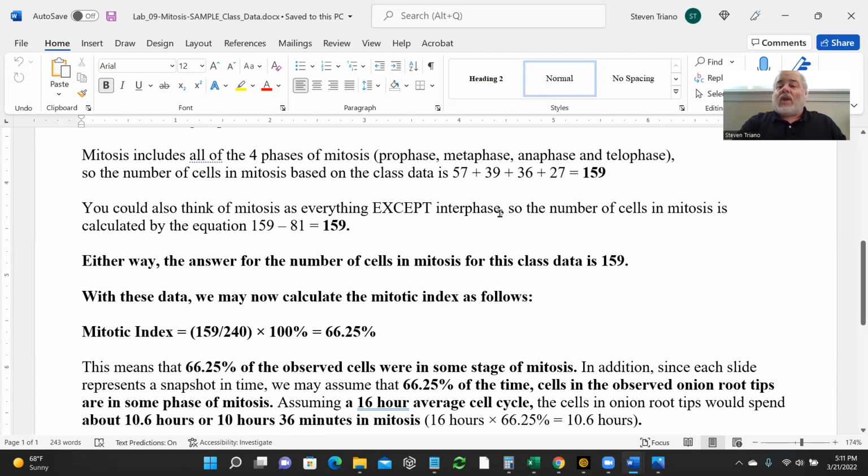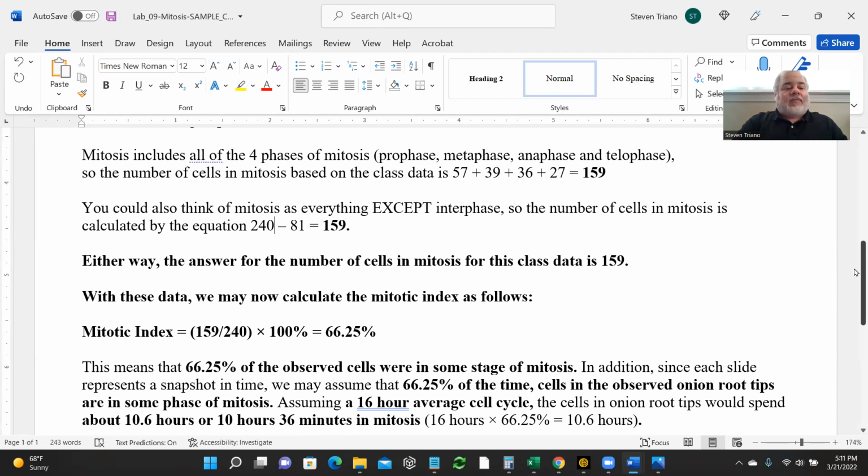The only thing you don't add up is the interphase. Oops, and there's a typo here. It should say, and I'll have to correct that, it should say 240 minus 81 is 159. So that was a typo, my apologies.